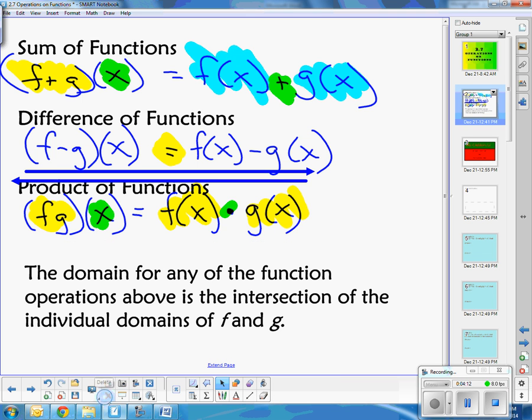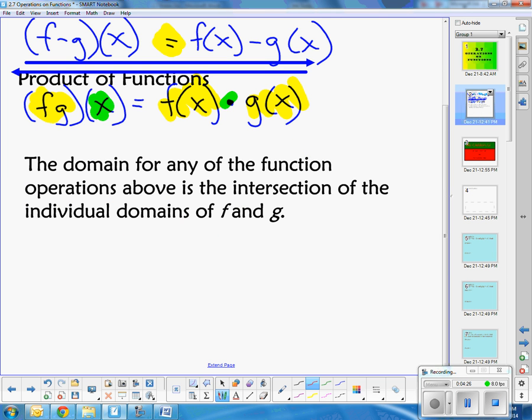What's probably new from the pre-calculus portion of this is that the domain for any of the function operations is the intersection of the individual domains of f and g. And we're going to do a lot of domain writing, so we're going to want to be able to do that.